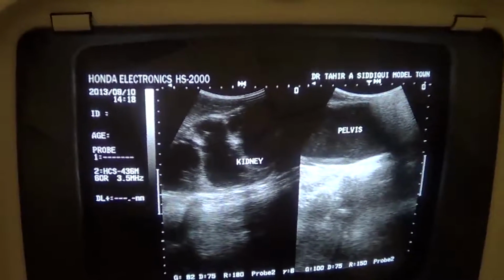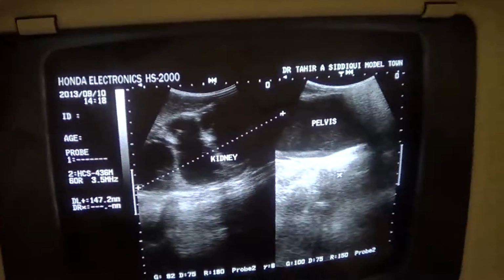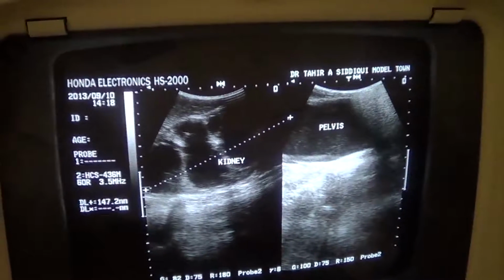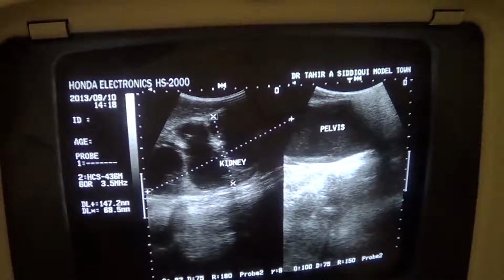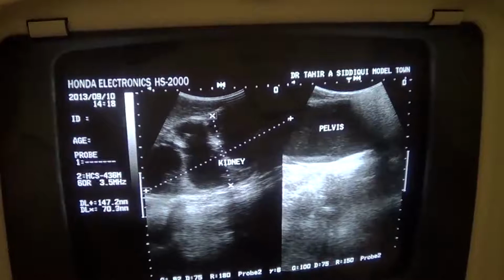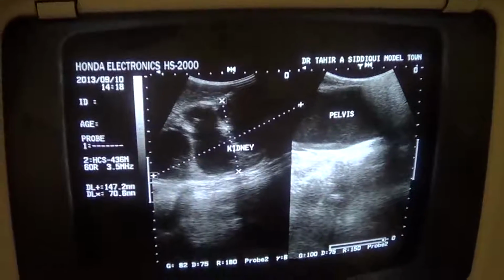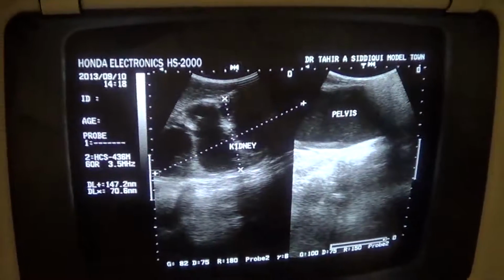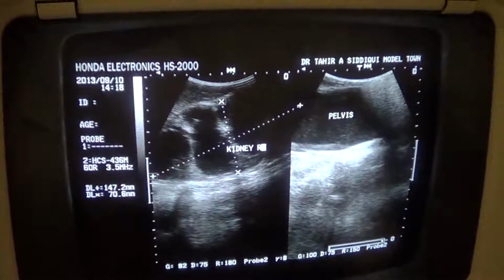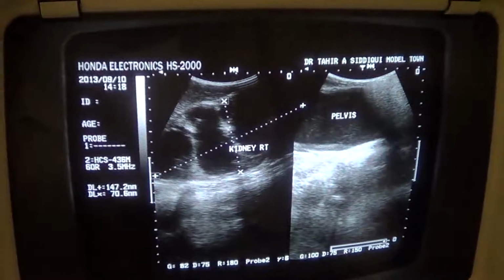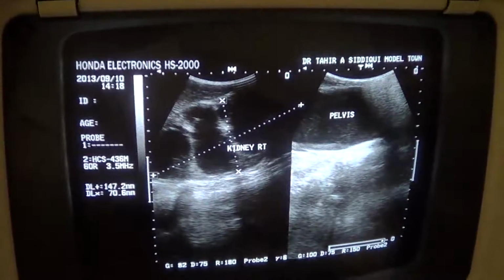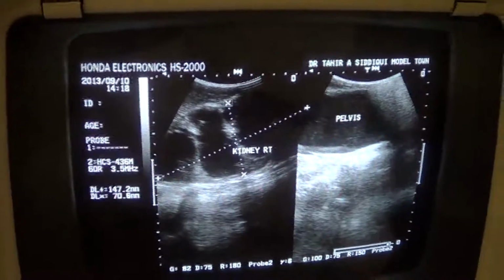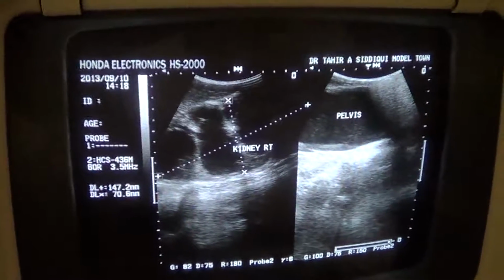Let's take a measurement again. 14.7 in length and 7 centimeters in anterior posterior diameter, and this is the right kidney that we are seeing. Now let's move on to the left kidney.